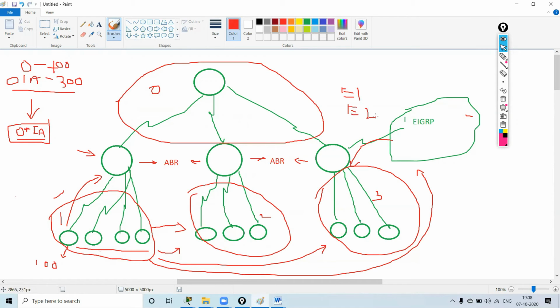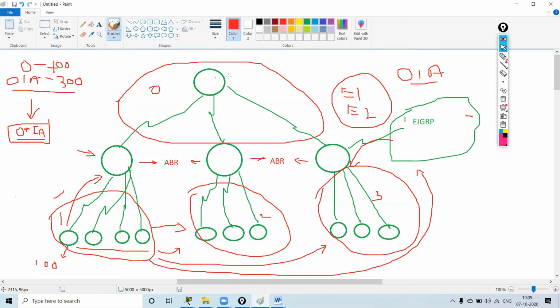These are the types of external routes, E1 and E2. So whenever anything is coming from an external routing protocol, it will replace these E1 and E2 routes with OIA routes.